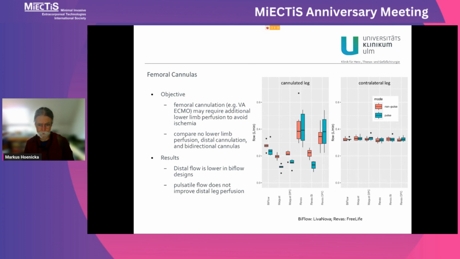And the main focus was to see whether they actually provide appropriate distal perfusion. And as you can see from these images, we compared these with regular femoral cannulas and regular cannulas supplemented with an additional distal perfusion cannula.